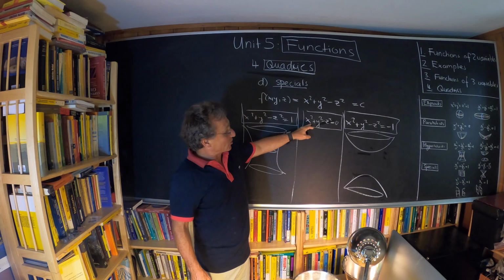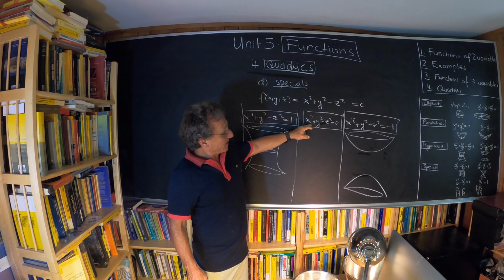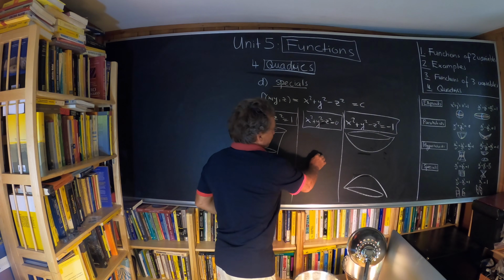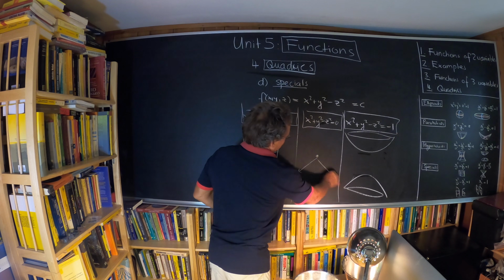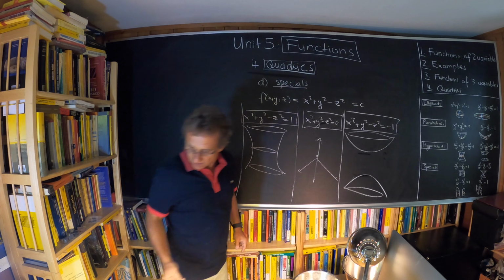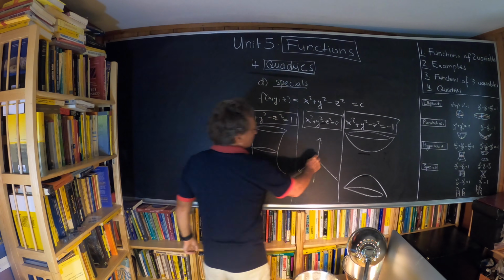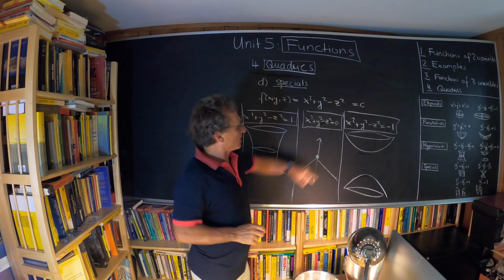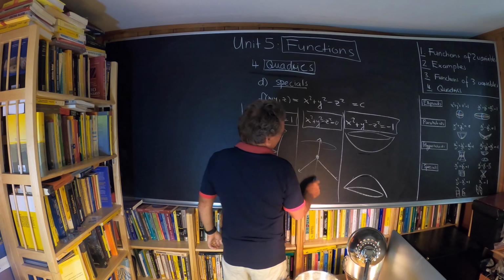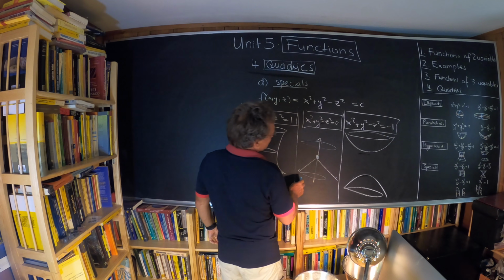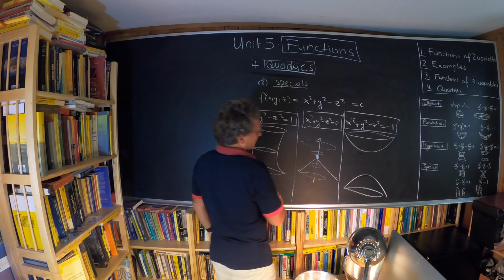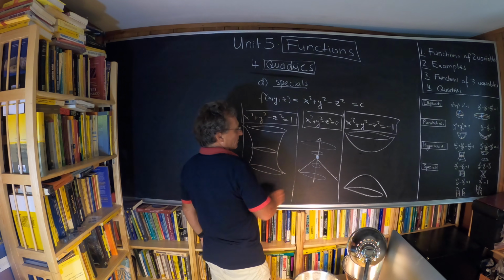And you can look at the traces, like when z is equal to 0, that's just a point. But when z is equal to 1, you get a circle. And z is equal to minus 1, you get also a circle. And these circles become smaller if you get closer to the origin.